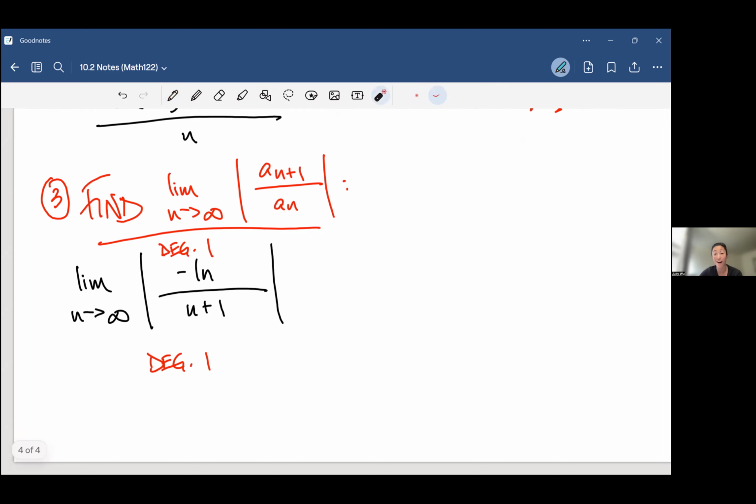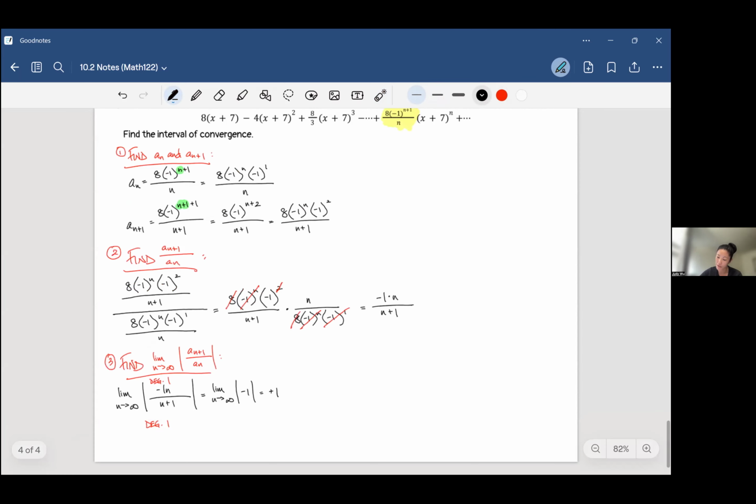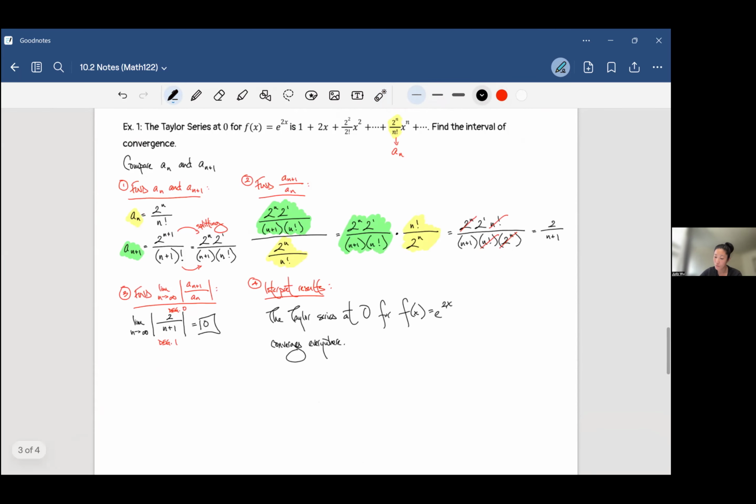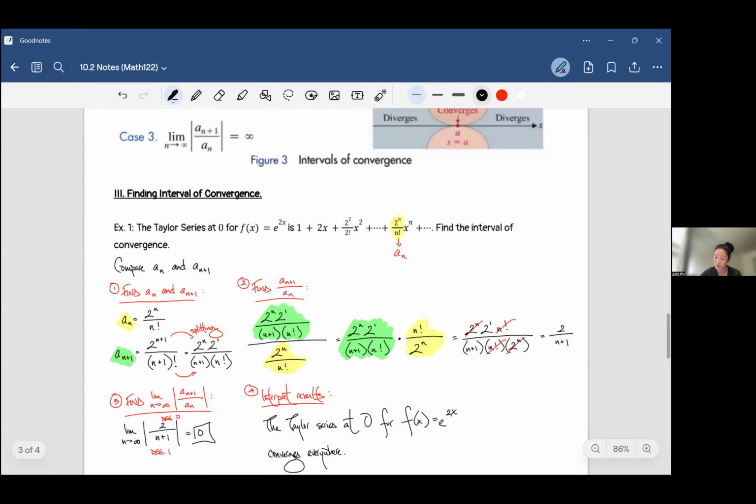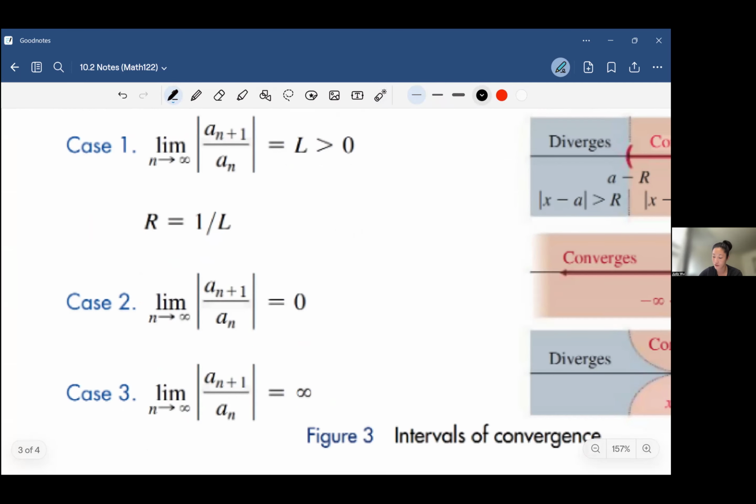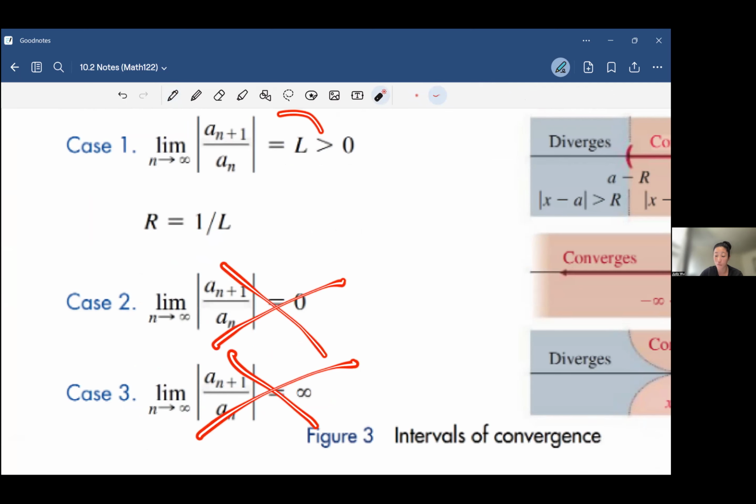This is where we get to divide our coefficients. So negative 1 divided by 1 is going to give me the limit as n approaches infinity of the absolute value of negative 1. Okay, this negative 1, when I take that absolute value, is going to become a positive 1. Okay, so we've got this positive 1. When we go back to our cases, we didn't get infinity, we didn't get 0, we got a 1. That means my radius of convergence is just 1 divided by 1, or 1.